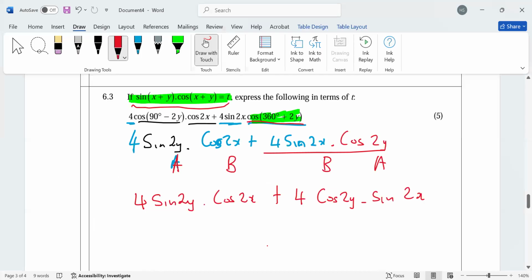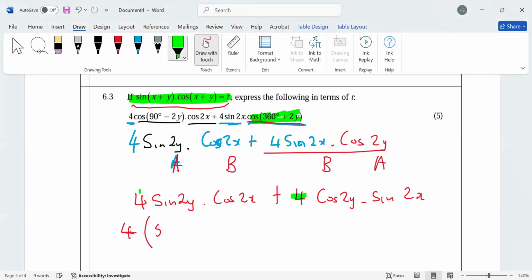Okay. Then if we have the sine of a sum, we're saying this can be written with 4 taken out as a common factor. If you take out 4 as a common factor, you have a 4 here.